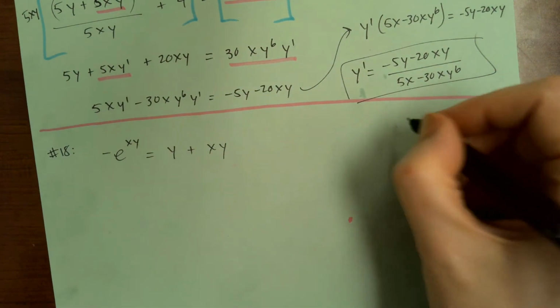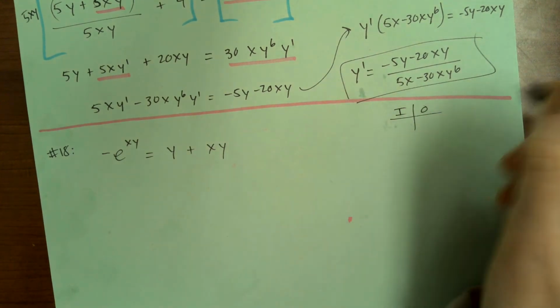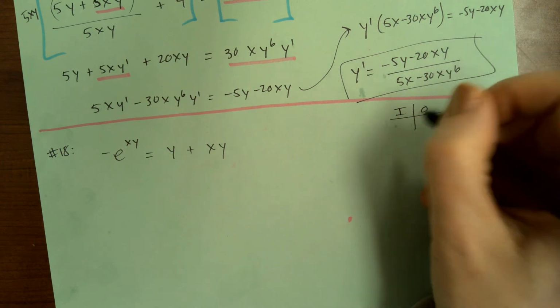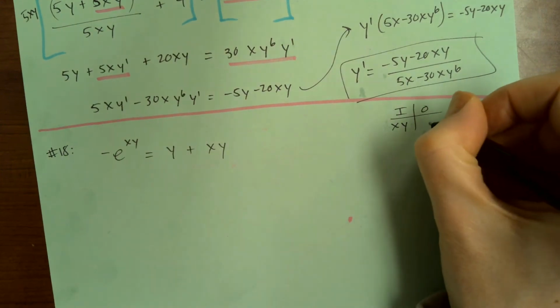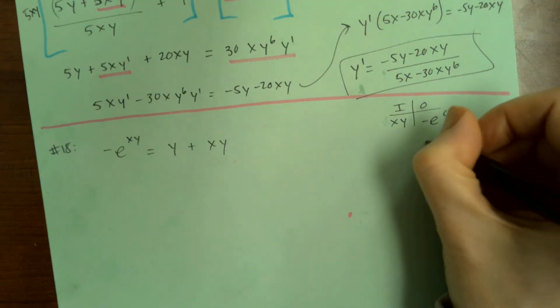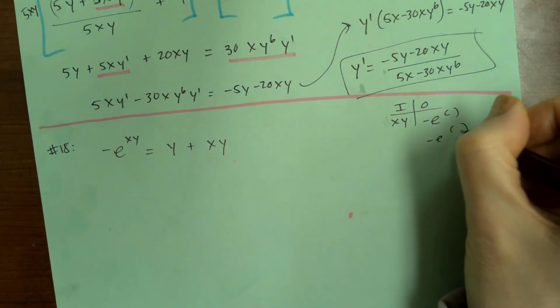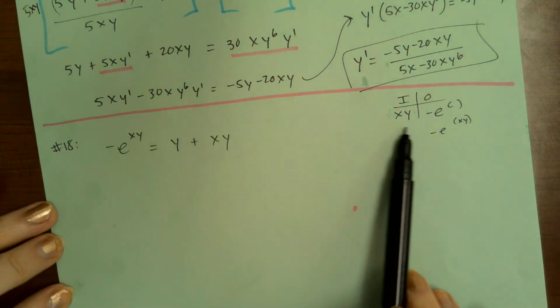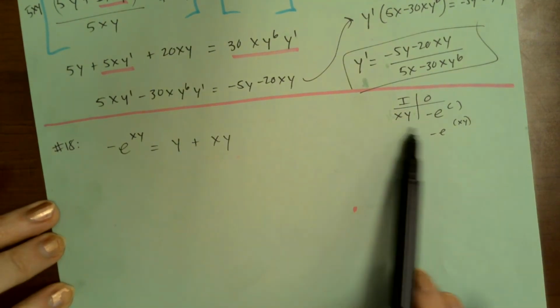Gonna need chain rule. Right, this derivative is just negative e to the blank, and then xy is right. All right, so the derivative of this, I need product rule.